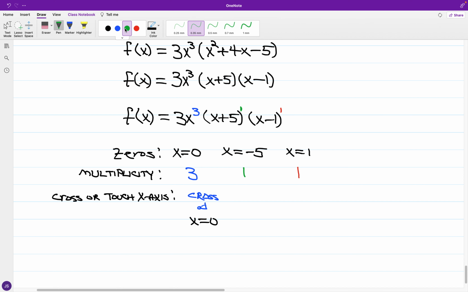So crossing at x equal to 0, crossing at x equal to negative 5. Again, we have crossing at x is equal to 1.